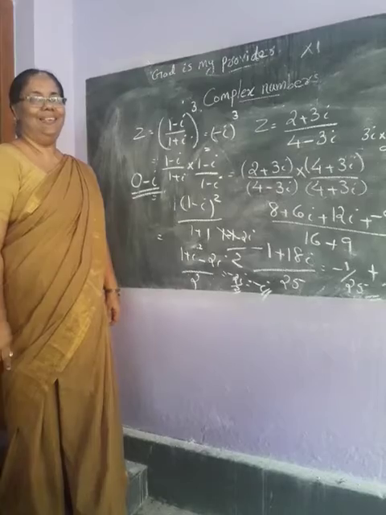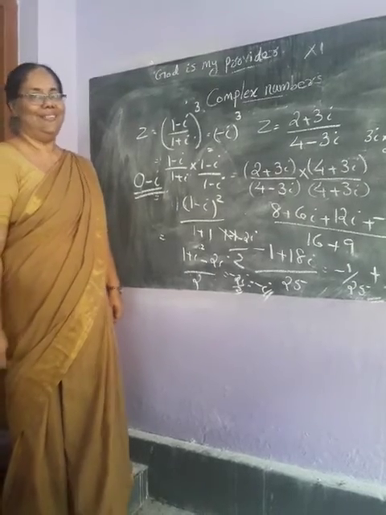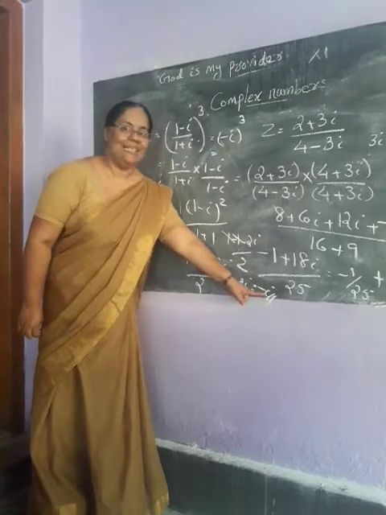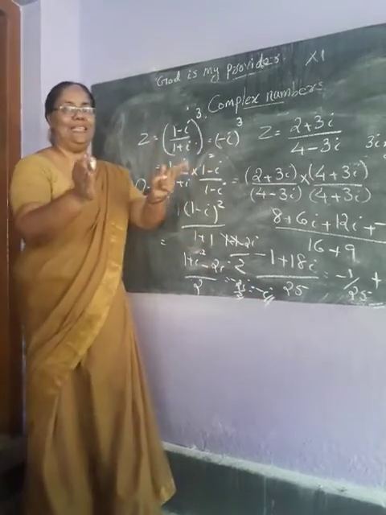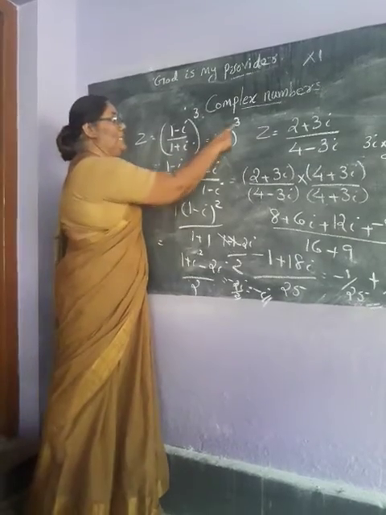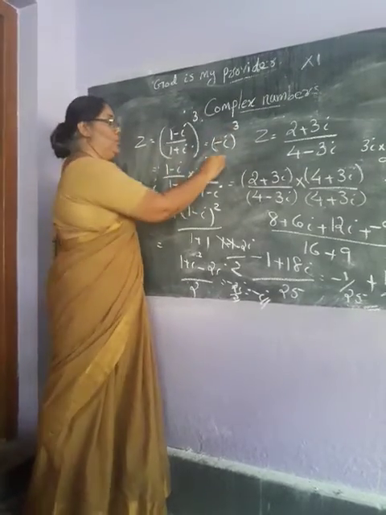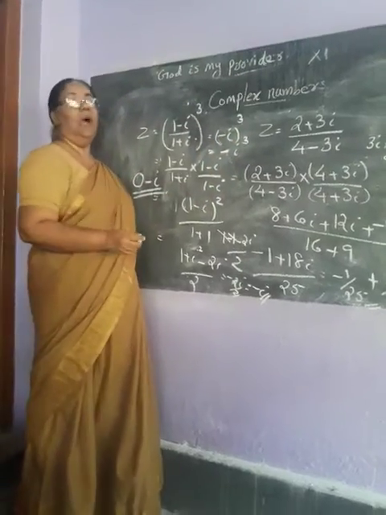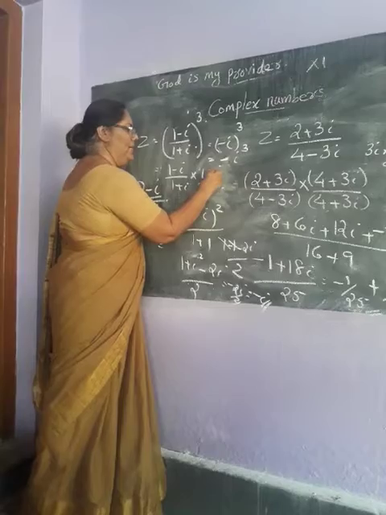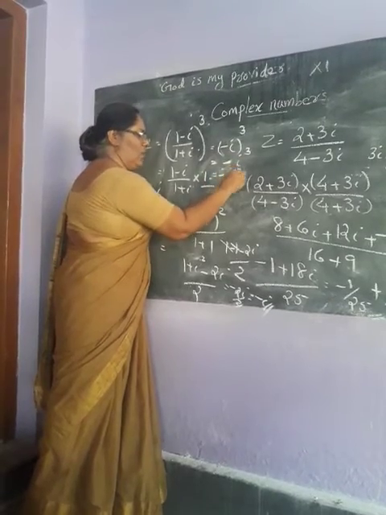Now you are 11th standard students. Understand? Therefore, write this minus i, then what is minus i the whole cube? Minus whole cube means minus into i cube. How can you write i cube? Listen here, i cube means minus into i square into i.